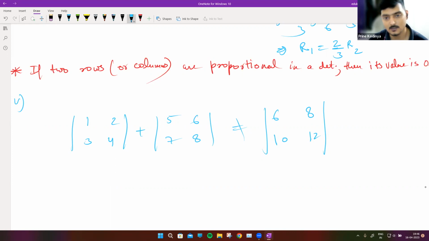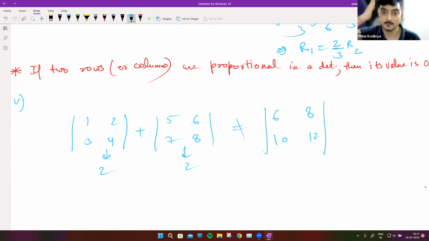No. There is a rule. What is the rule? Let's say you want to add two 2 cross 2 determinants. The order of this determinant is 2. Also, the order of this determinant is 2. Now, if you want to add them, they can only be added if either one row or one column of both these determinants is the same.